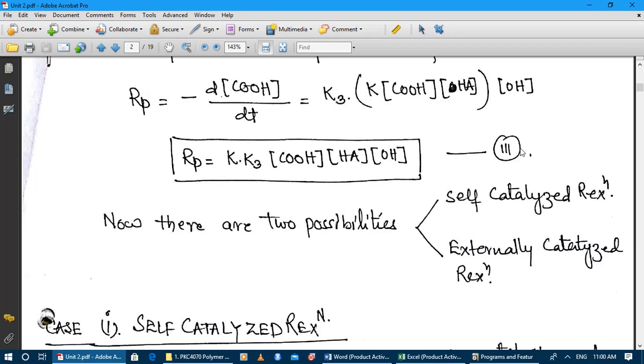Okay, so after developing this equation number 3, there are two possibilities now. First possibility is that the reaction is self-catalyzed.